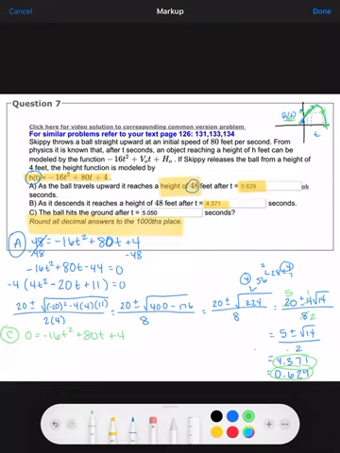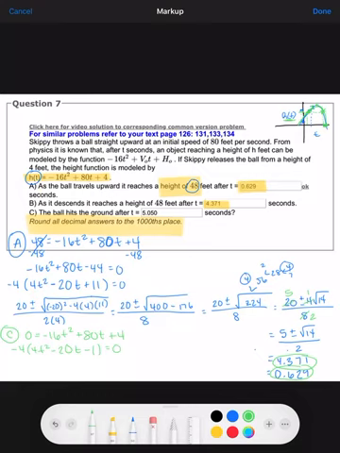So first things first, I'm going to take out a negative 4, just like I did before, to try and factor this down to make my numbers easier to work with. When I take out a negative 4, I'm left with 4t squared minus 20t, and 4 divided by negative 4 will be minus 1, equals 0.